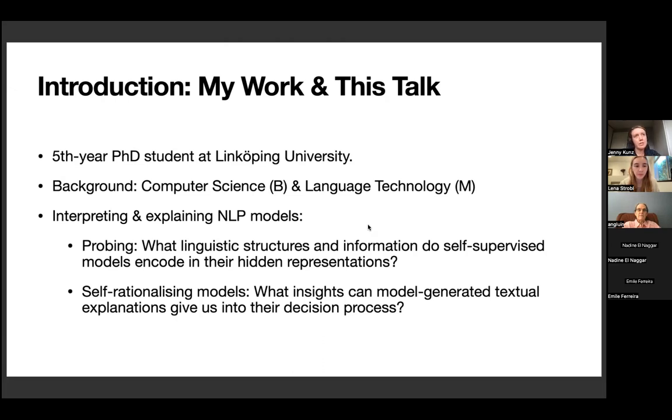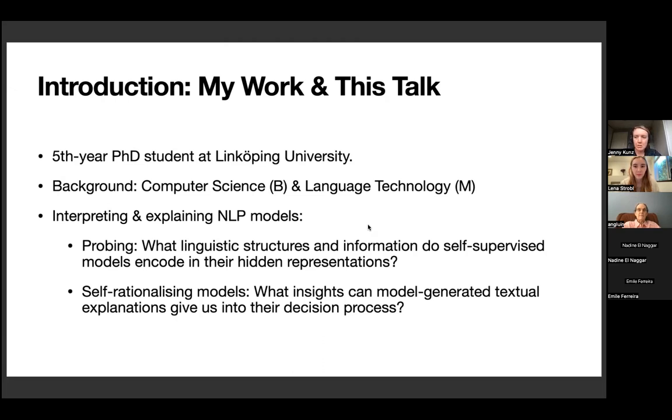In the first part of my PhD, I worked mostly on probing, which this talk will also be about, and that asks the question, what linguistic structures and information do self-supervised models encode in their hidden representations?